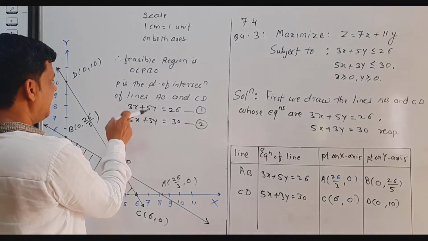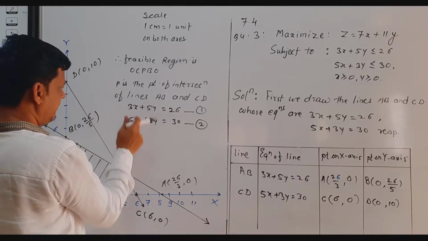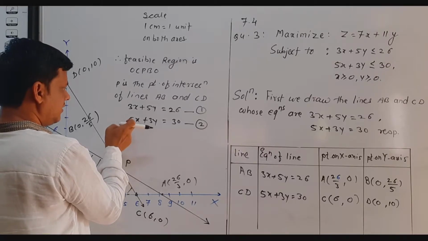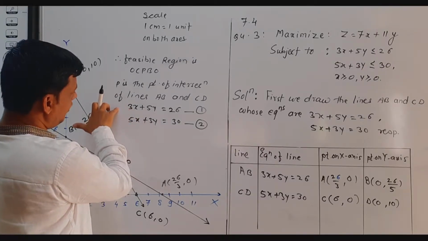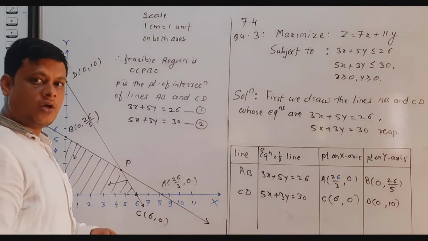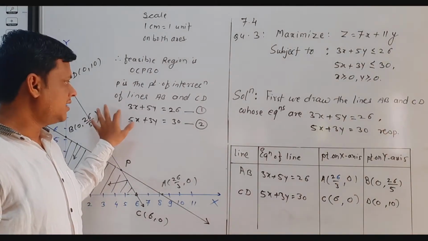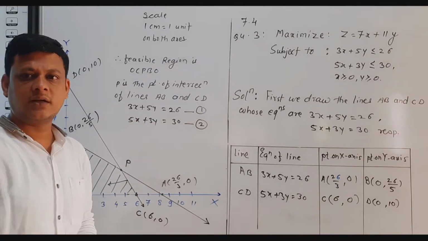So we multiply first equation by 5, or you can multiply by 5 to first equation and 3 to second equation, or you can solve also by using the Cramer's rule. So that is your choice. You have to just find the value of x and y.